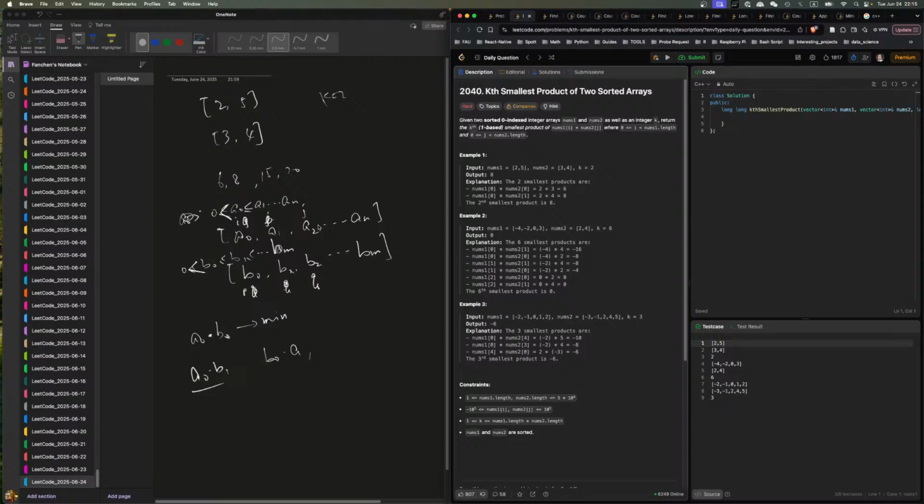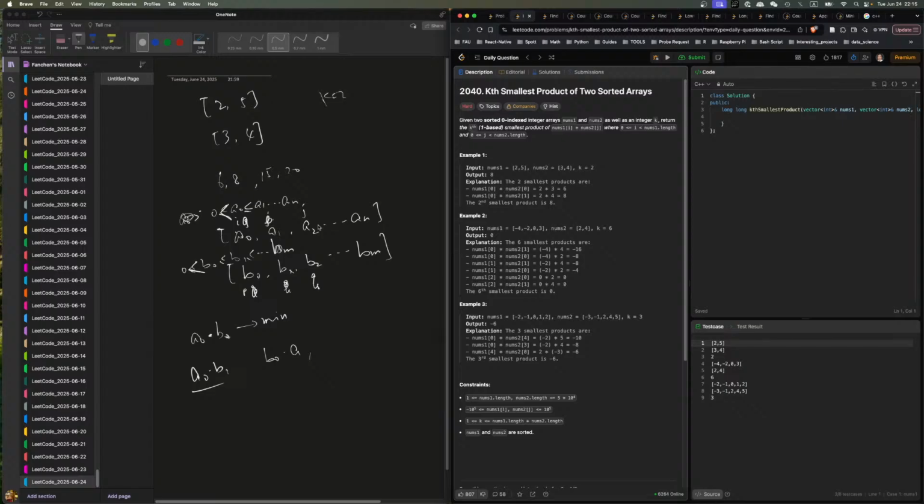Assume a product, I say which one it is, because we want to find the kth. So if we have a product that we can prove is more than the kth, then we need to get a smaller product. But if it's smaller than the kth, it gets bigger. So we binary search, and we can get down to the actual product.